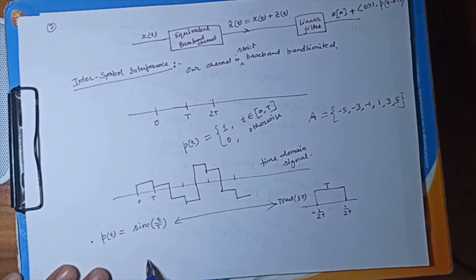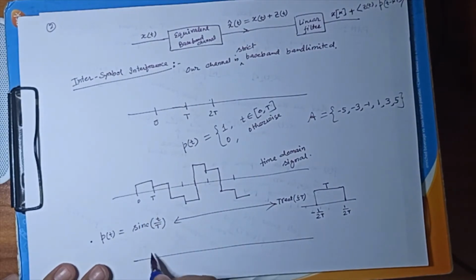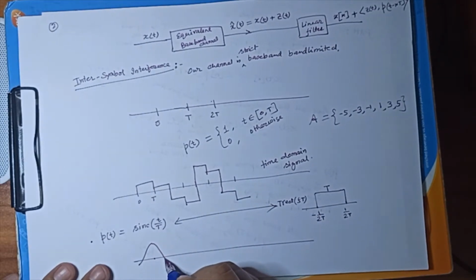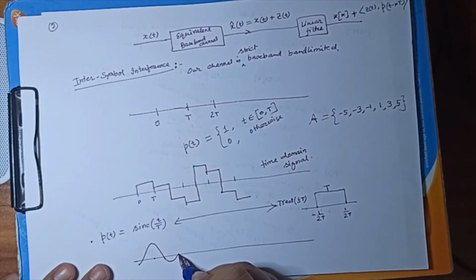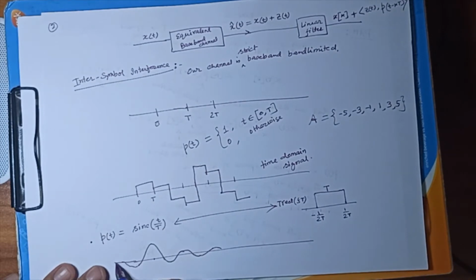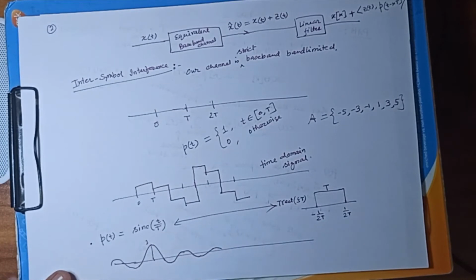The waveform generation problem will be, suppose this is plus 3. In this interval you are generating a sinc curve, something like that, and its height is 3.